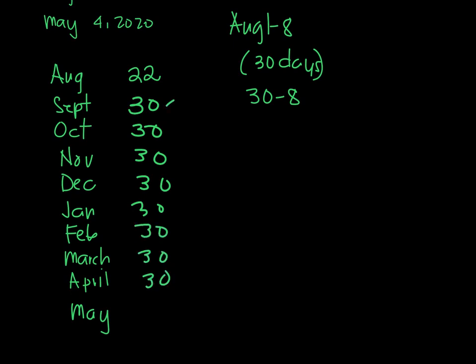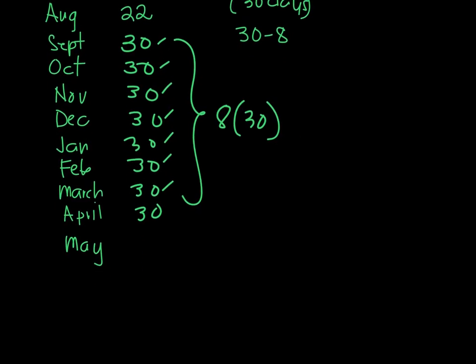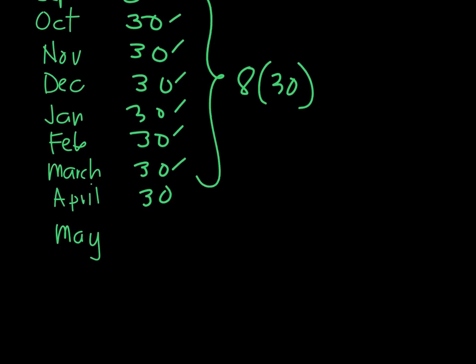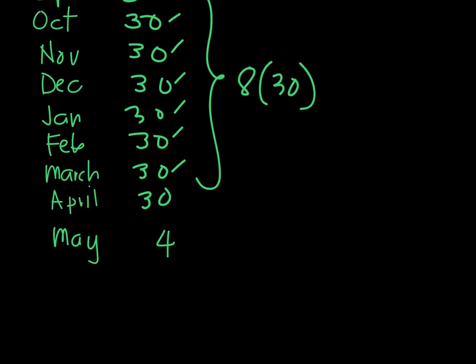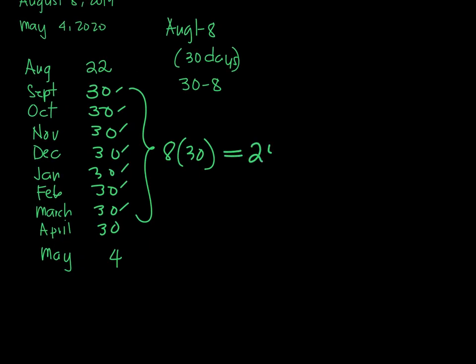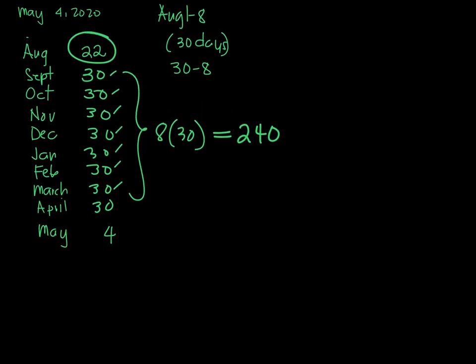So that's 1, 2, 3, 4, 5, 6, 7, 8, like 8 times 30. For May, we have until May 4, so May 1, 2, 3, 4. That's 4 days. So all in all, we have 240 plus the 22, that's 262, plus 4. That is a total of 266 days.